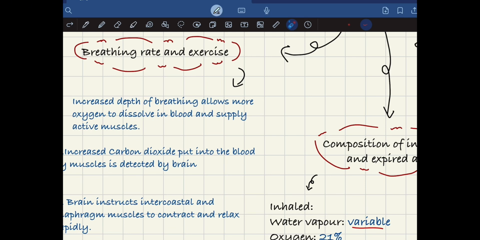So when we're exercising, our depth of breathing increases. When we are working out or running, anything like that, our depth of breathing increases so that we can inhale more oxygen, because right now we're using up our energy.